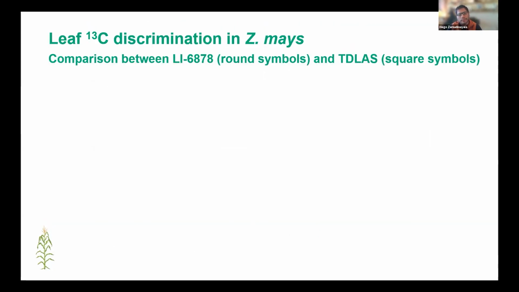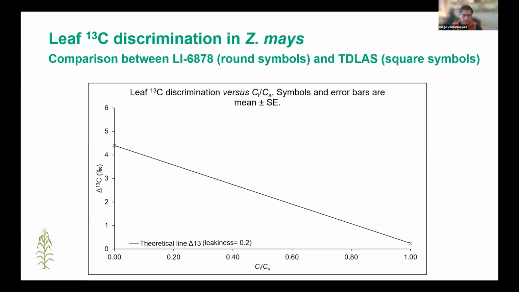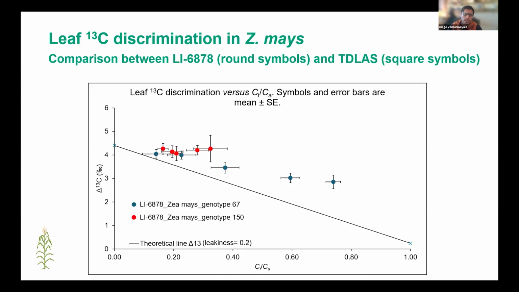So now, if we plot the carbon-13 discrimination versus Ci over Ca, this graph confirms what we already saw before, that the differences in carbon-13 discrimination are driven by differences in the Ci over Ca values. And the values follow the trend of this theoretical solid black line.